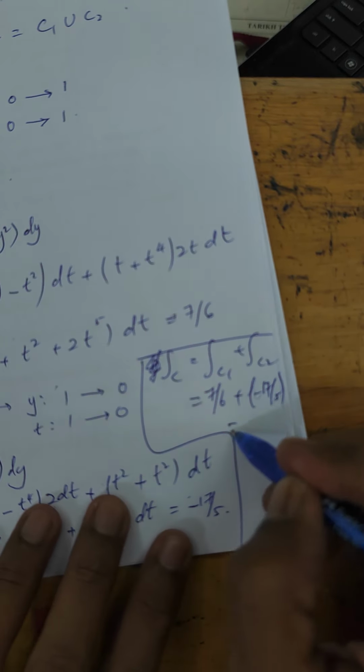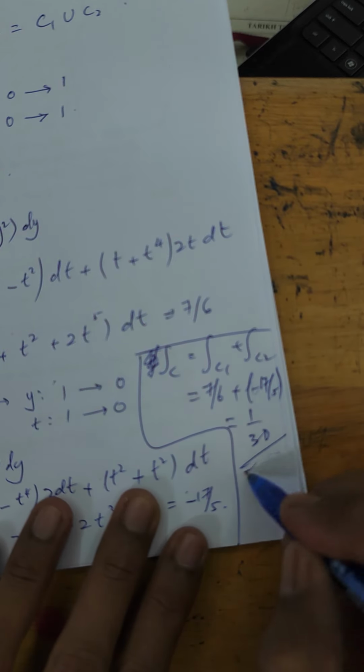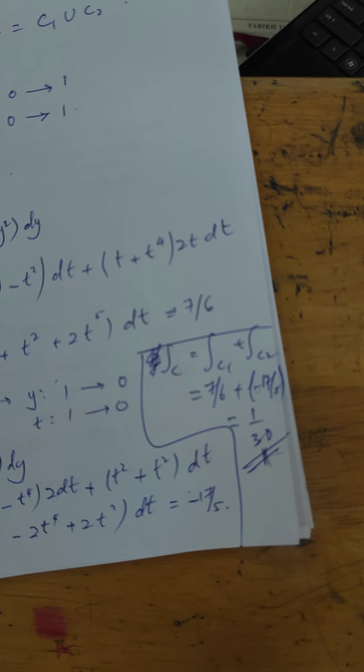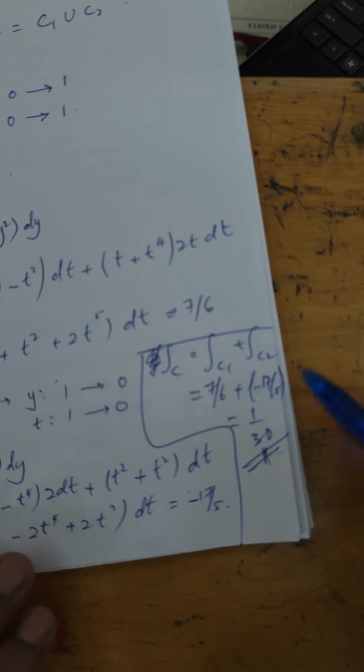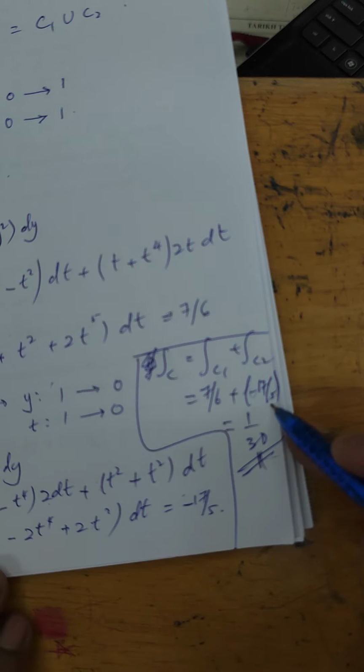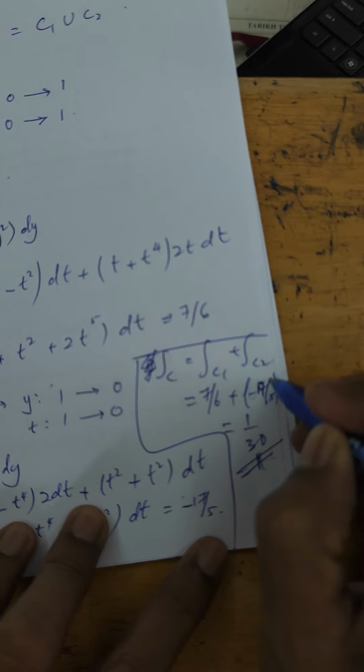Yeah, so that gives you 1 over 30. So that's your final answer. This one is minus 17 over 5 here. It's not that clear. Okay, minus 17 over 5.